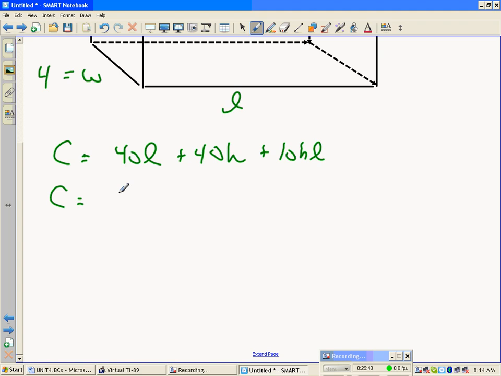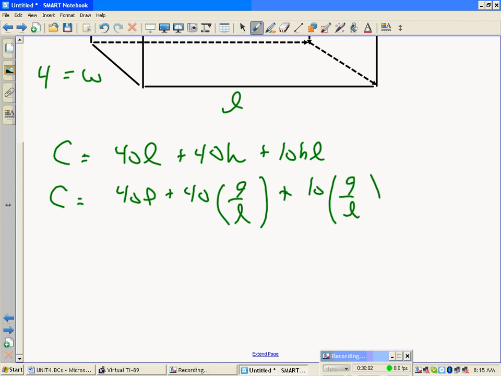So whenever I see H, I'm going to put in 9 over L. So 40L plus 40 times 9 over L, plus 10 times 9 over L times L. Just replace this H and this H, that's all. You just multiply it.